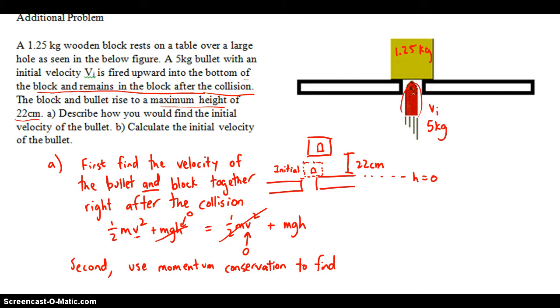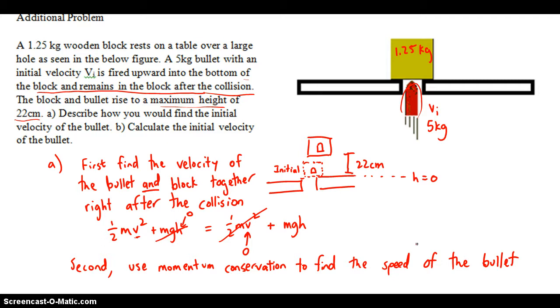Anytime there's a collision, we want to use momentum conservation to determine what the speed of the bullet was before the collision. See if you can make the connection between this and what we did with our mystery with Mr. Goblin.